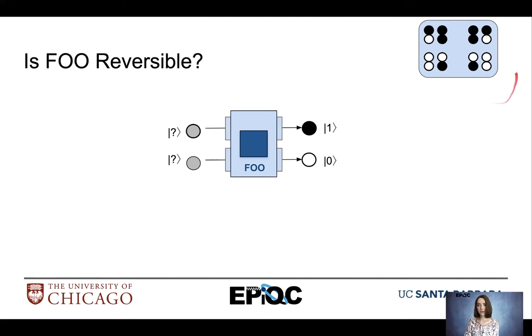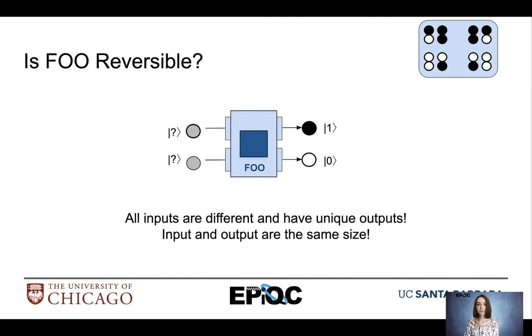This is the foo functionality here. And we can see that if we have an output of 1, 0, or black ball, white ball, we can map that to our input from our truth table. We have a different output for each unique input, and the input and outputs are the same size. So here we have a reversible function.